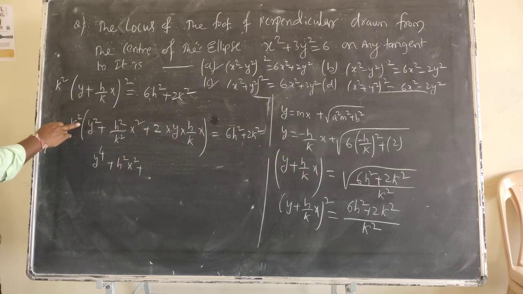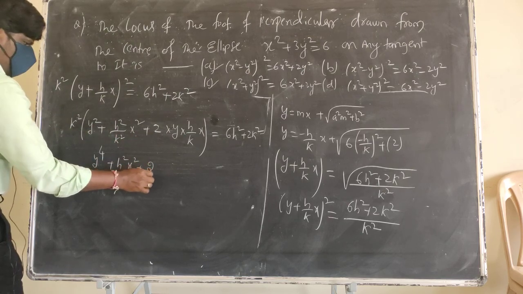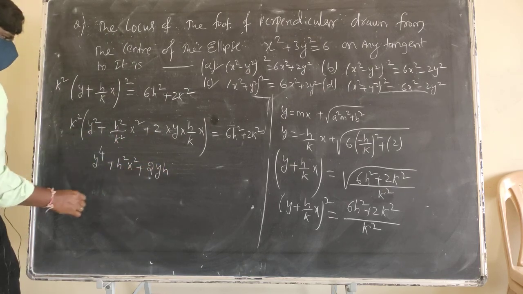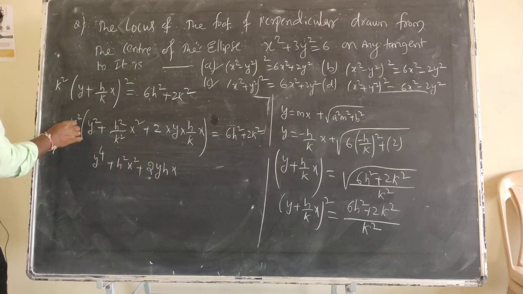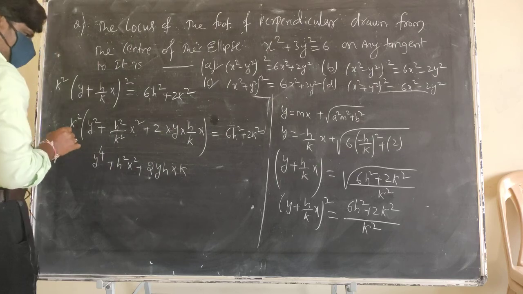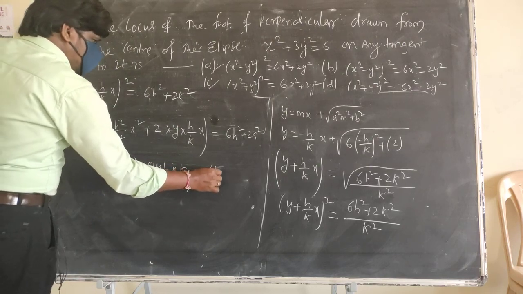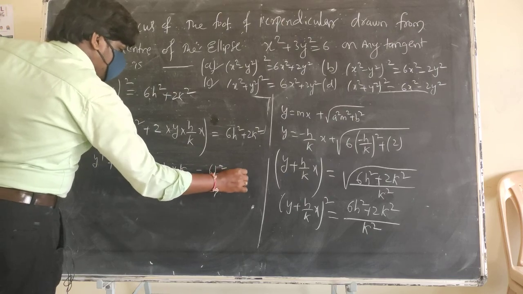Y power 4, h square x square, and here one k will be cancelled out, 2yhx into 1k you will get, is equal to 6h square plus 2k square.